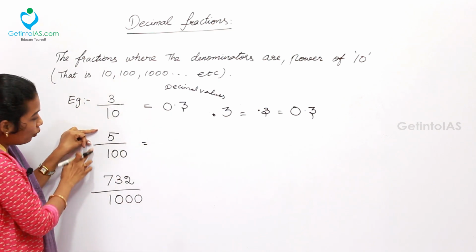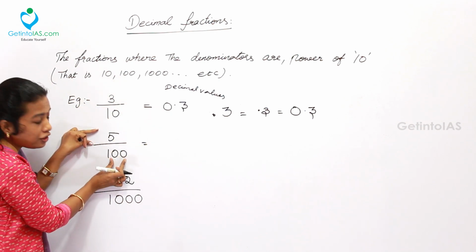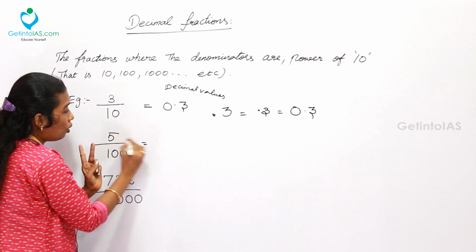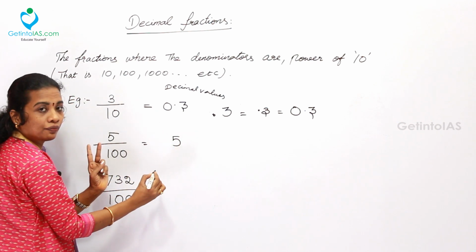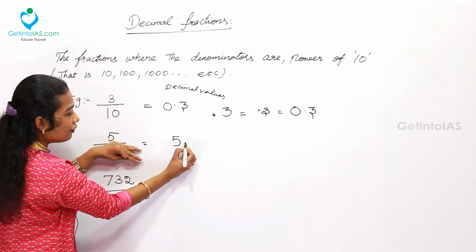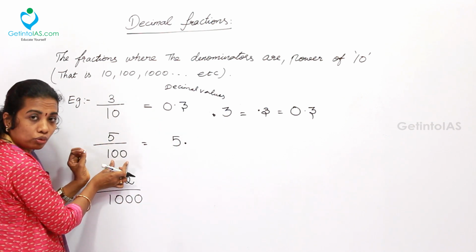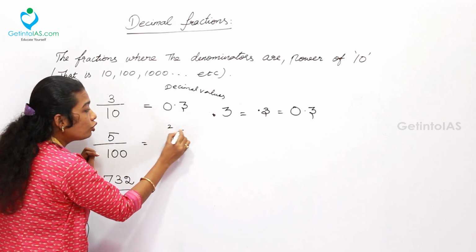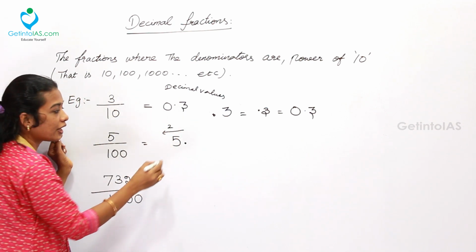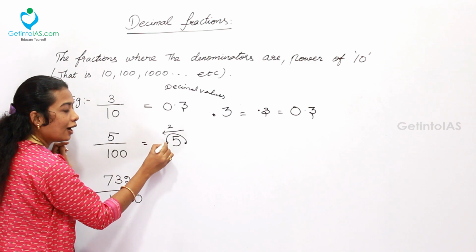Now moving on to the second one, 5 by 100. How many zeros here? 2 zeros. So what is the numerator value? 5. Usually 5 will have the decimal point at the end. For 2 zeros, I want to move 2 digits to the left side. So this is 1 digit I have crossed.